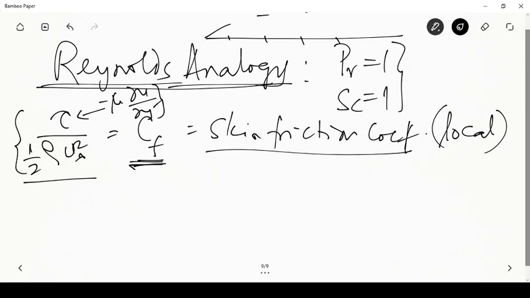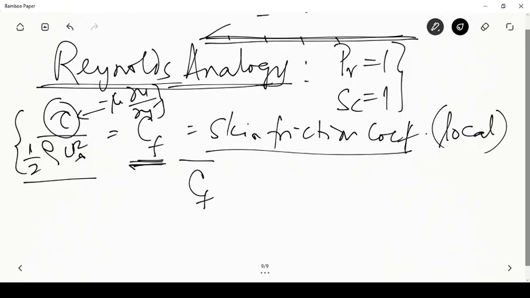Okay. We can also get an averaged skin friction coefficient by integrating this tau over the entire area of the plate, and dividing it by half rho u infinity squared. Then you would get a Cf bar, which is an averaged skin friction over the entire plate.